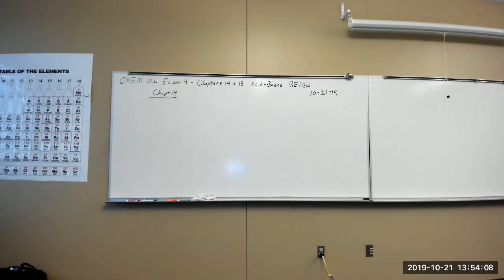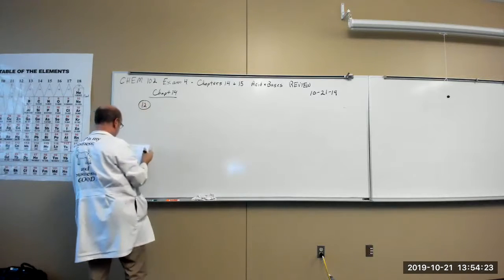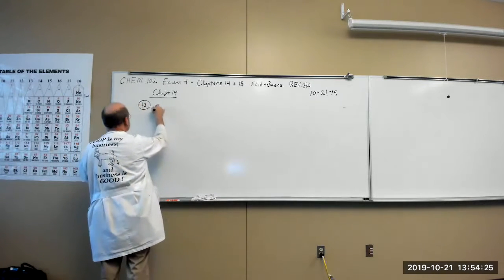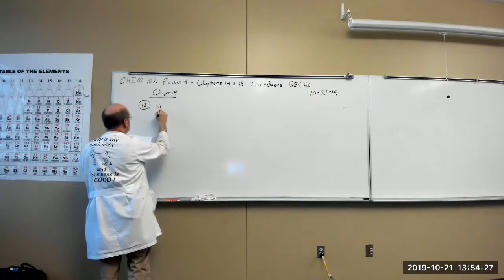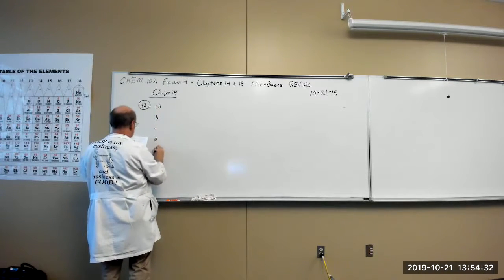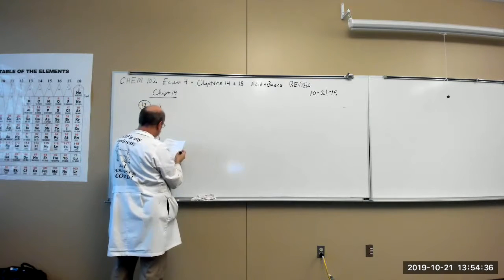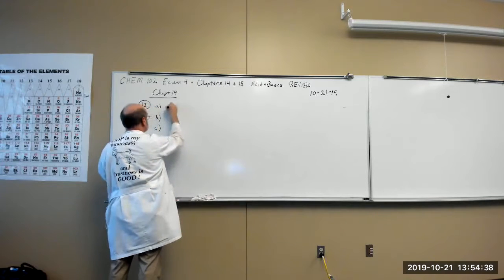Let's see. Here's a good one. This is a hypothetical, number 12. So which one of these... These are diprotic acids.